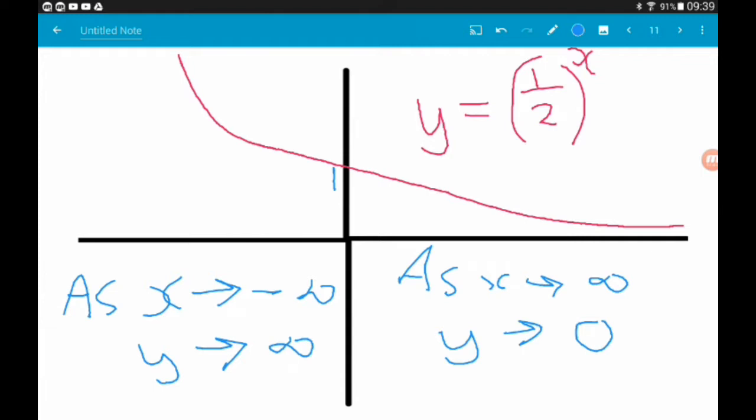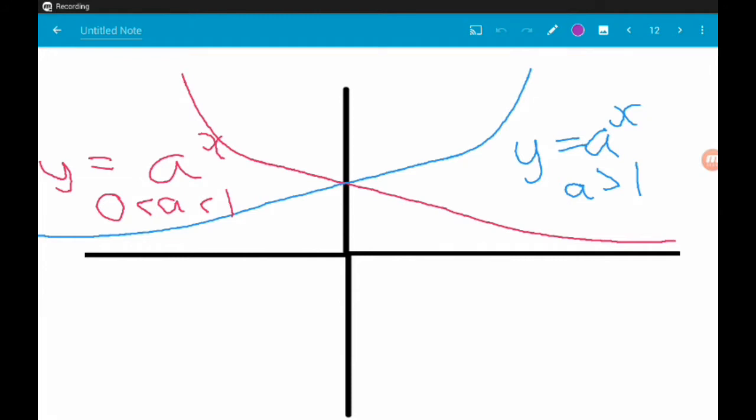So again, the exponential can never equal 0, but it can get really close to it, infinitely close. It can just never touch it. So this is what it looks like when we have a fractional value of a to the power of x.